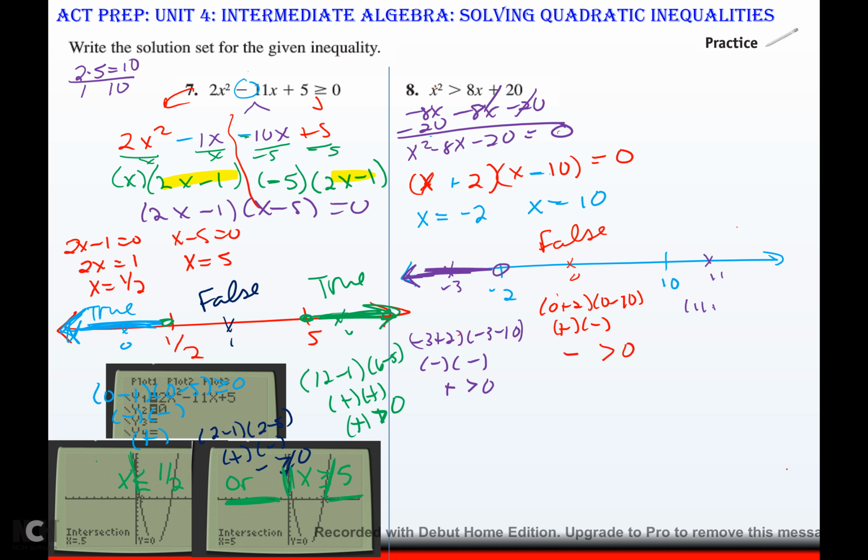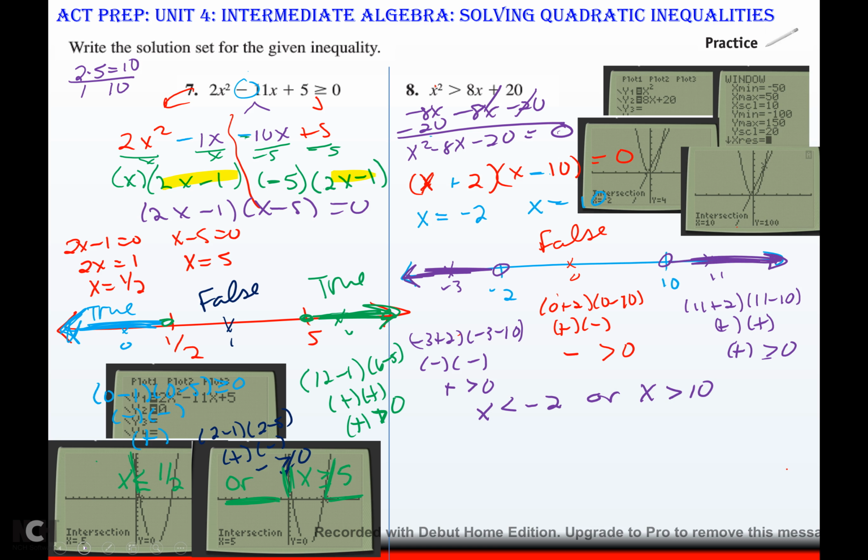So I'd have 11 plus 2 times 11 minus 10. That's a positive and a positive, make a positive, which is always greater than 0. So this section is true, but don't include it. Which says x is less than negative 2, or x is greater than 10.